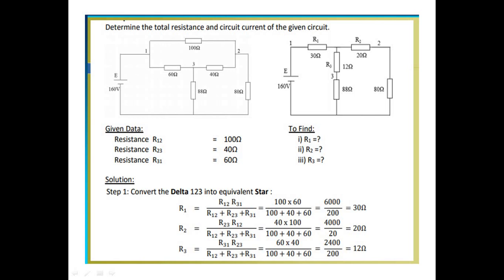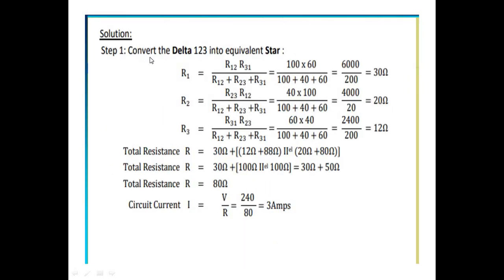Next, we have to simplify the circuit into the equivalent resistance. Here, the total resistance is the combination of 30 ohm plus 12 plus 88 ohm.